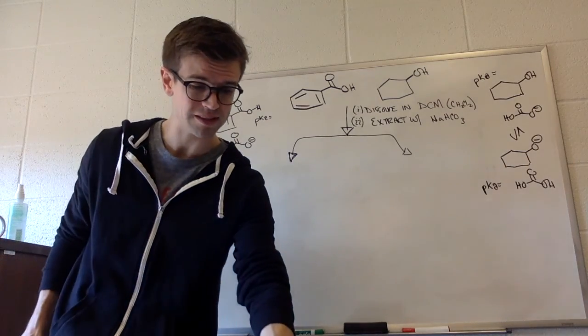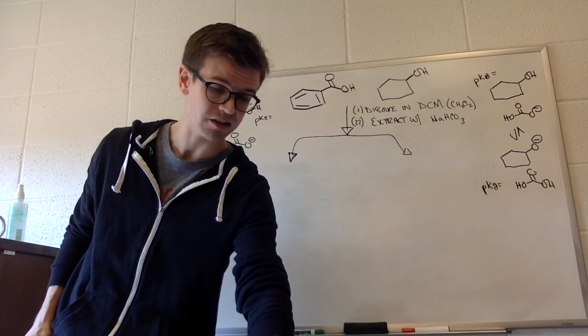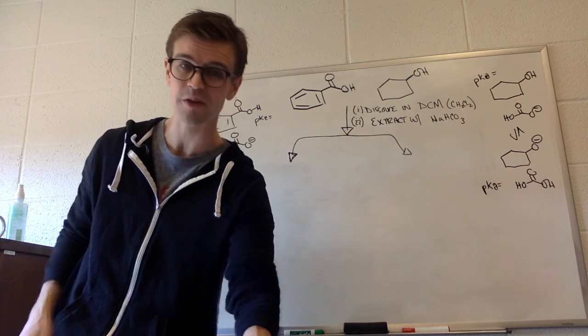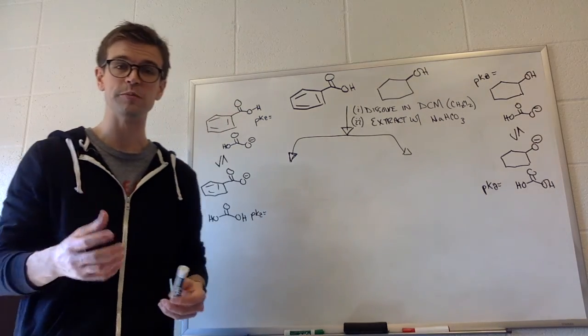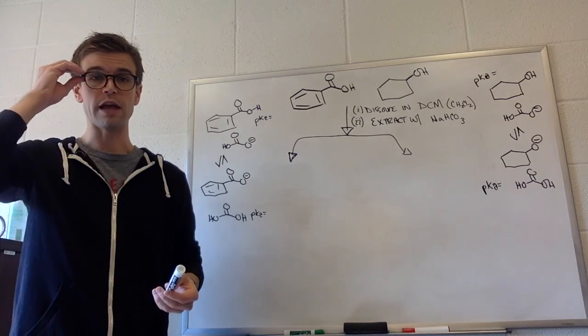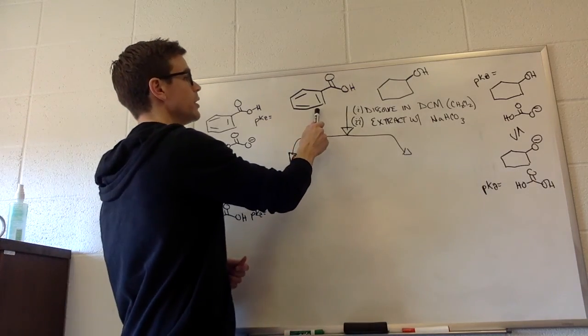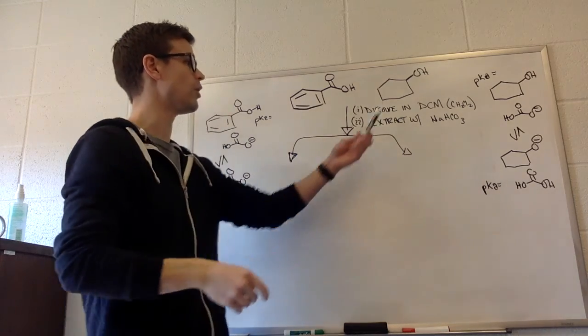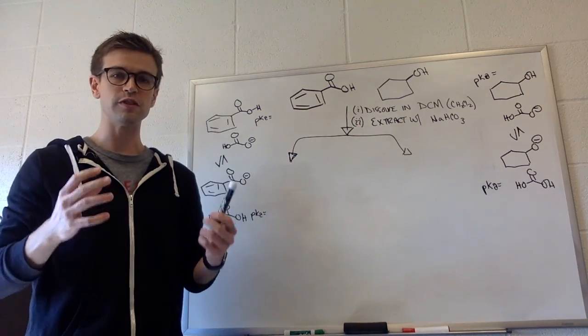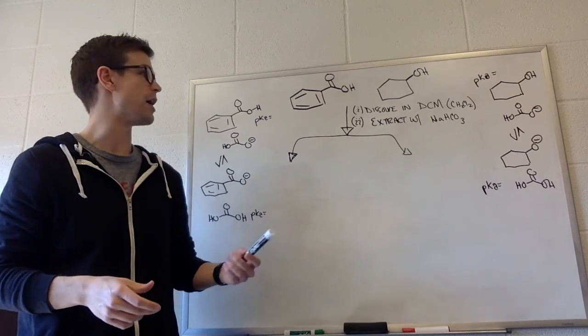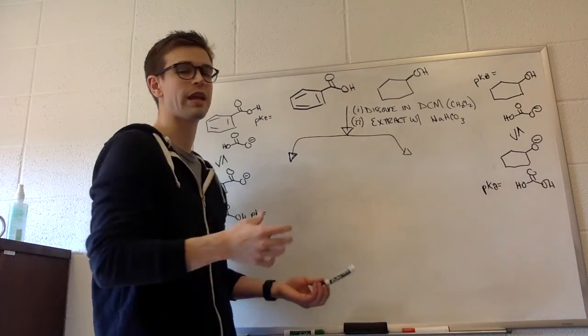One of the bullet points says, generally, ions are soluble in aqueous solution, so water, whereas neutral species are soluble in organic solvents. So if we had a mixture of this carboxylic acid and this alcohol, as neutral species, both of them are soluble in organic solvents.